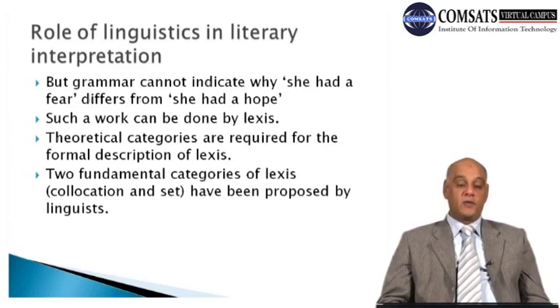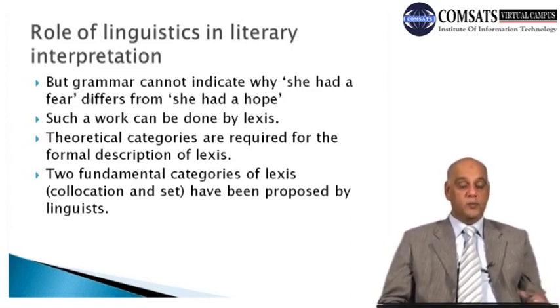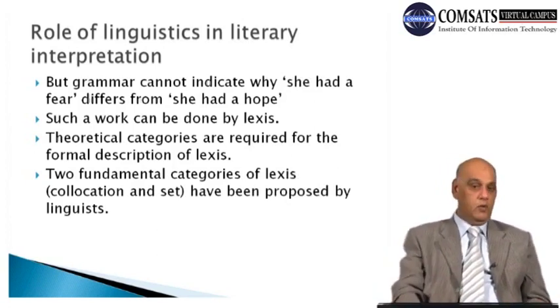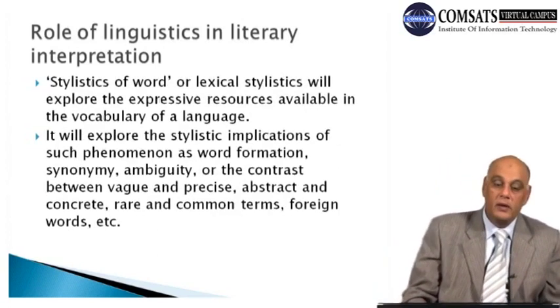Two fundamental categories of lexis are collocation and set, and they have been proposed by linguists. They basically help us to organize the words, to put them in the right shape and in the right form.